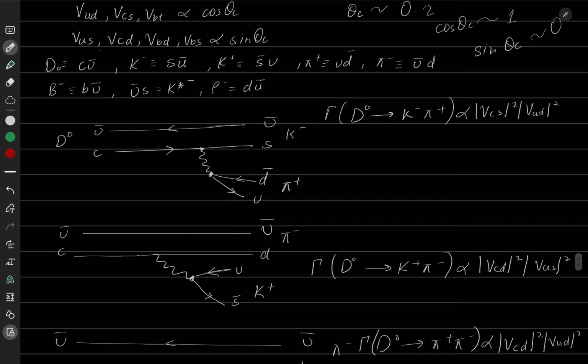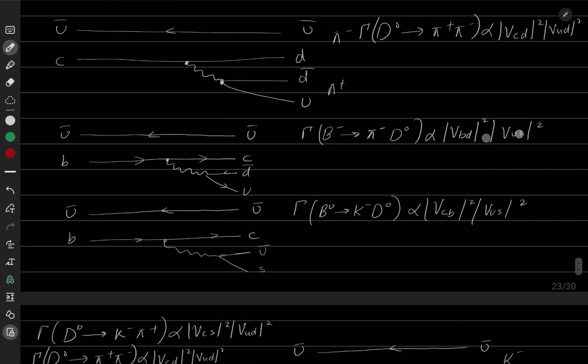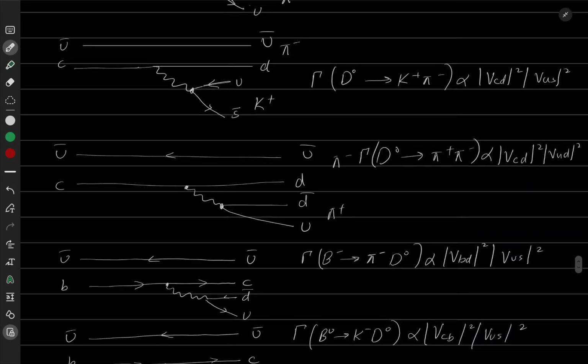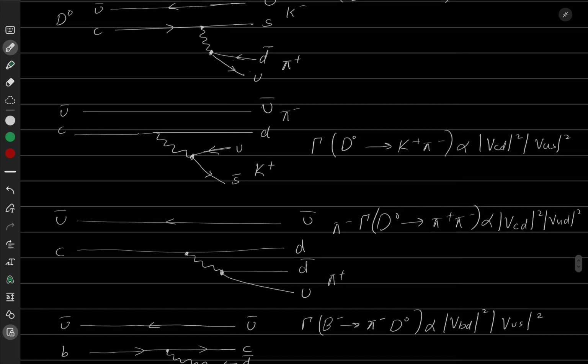Okay, there are some processes. The decay rates for these processes, in which a D meson decays into a kaon and a pion, and similarly there are other processes. Now let me take this process.